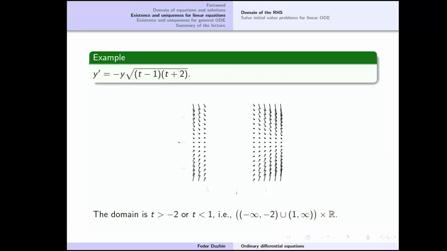Right, so in other words, what you see here is that the domain is just completely separated. So we have one area in the domain is when t is bigger than negative. There is a typo, of course. Should be either smaller than negative 2 or bigger than 1.